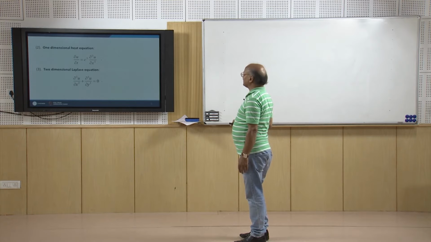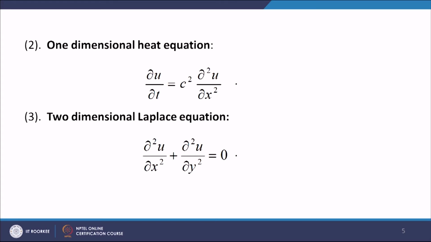Let us take another example, the one-dimensional heat equation. This is again a second order differential equation because we have a second order derivative here which is the highest order derivative, and its power is 1. So, it is second order first degree, and each term contains the derivative, so it is homogeneous, and also linear because the dependent variable u and its derivatives occur in first degree and occur separately.